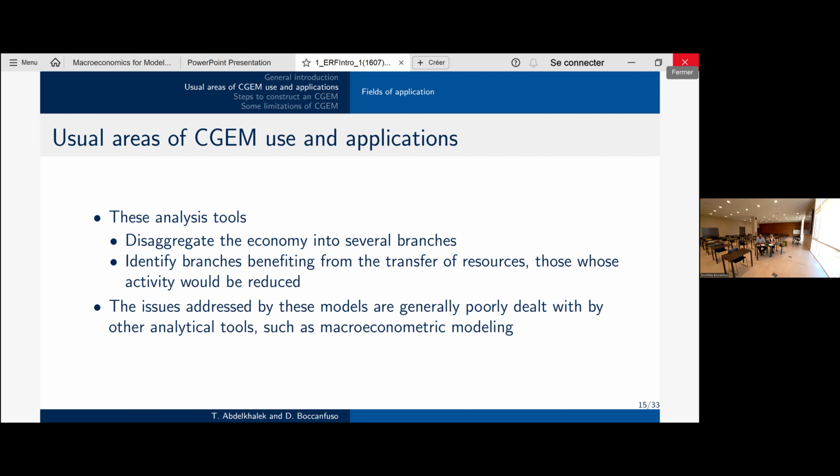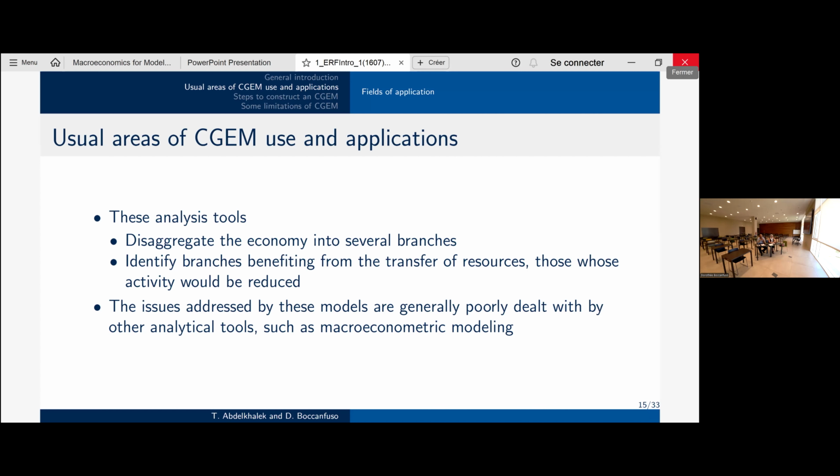Generally, a CGE model is used when we have to disaggregate the economy. What does disaggregate mean? Some of you are looking at input-output analysis, Leontief analysis.